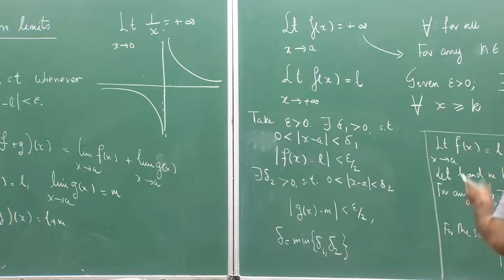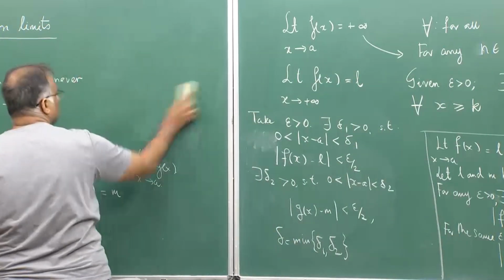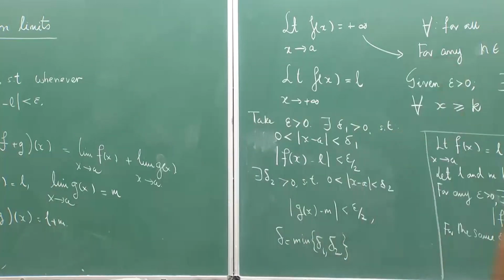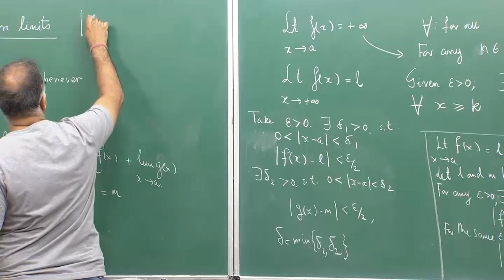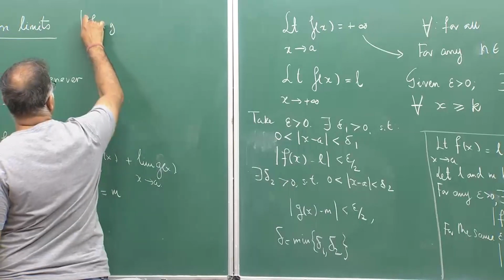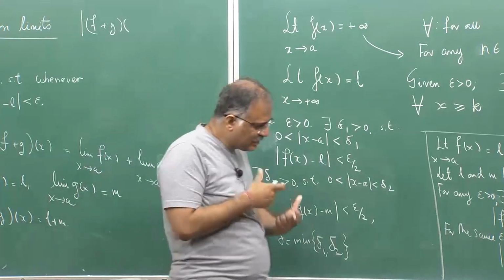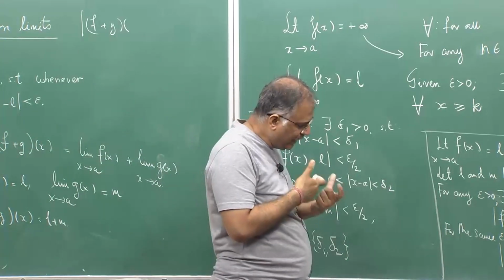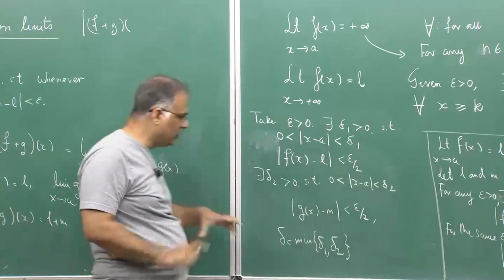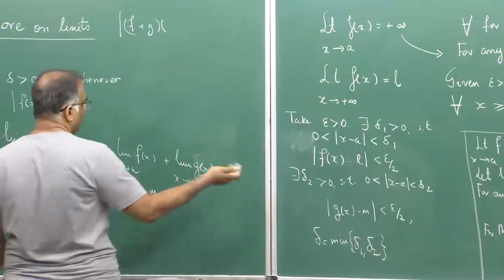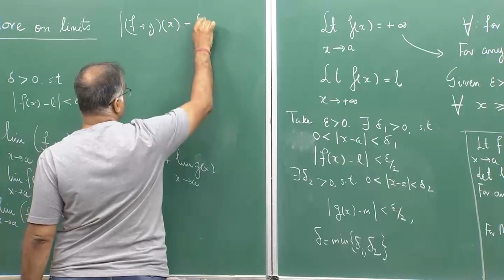It is basically just some algebraic manipulation. So now we have x minus a, when x is lying between a minus delta and a plus delta, where delta is this one. So for all such x's, let us see what happens.